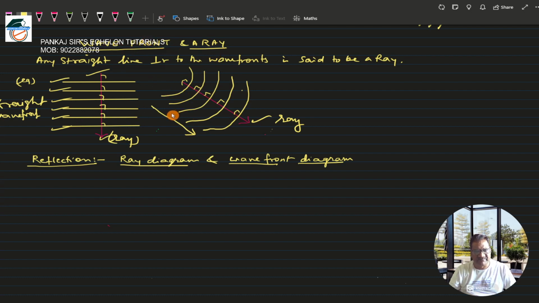So that's the meaning of a wavefront and a ray. Both are one and the same. Only thing is, when you want to show a wavefront, you have to draw many parallel straight lines or parallel arcs, and if you want to show a ray of light, you just show a single ray. Now coming to the three important properties of light, or rather phenomena of light.